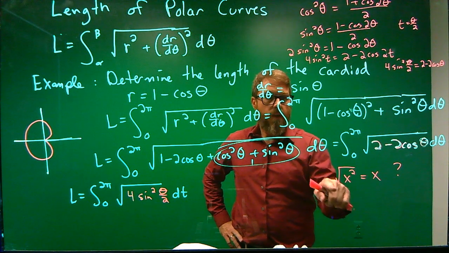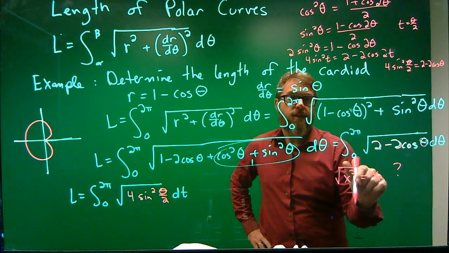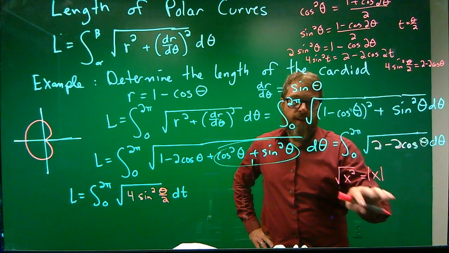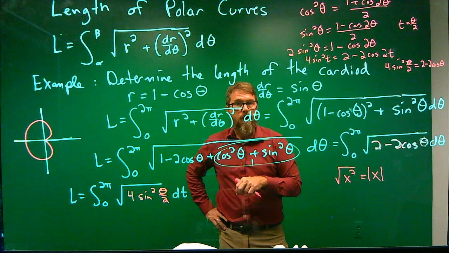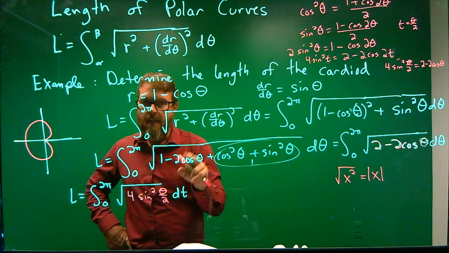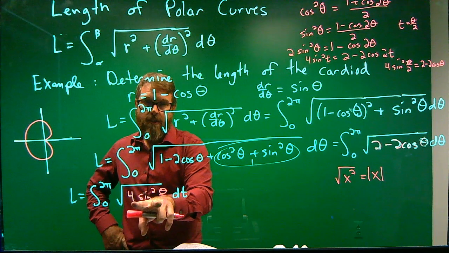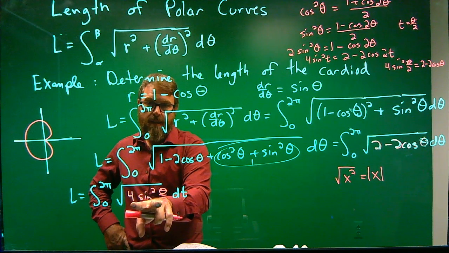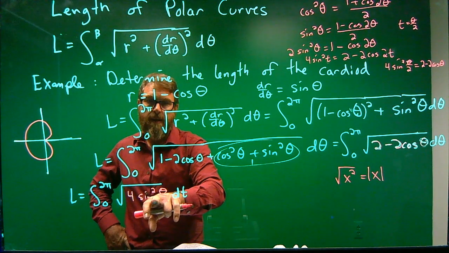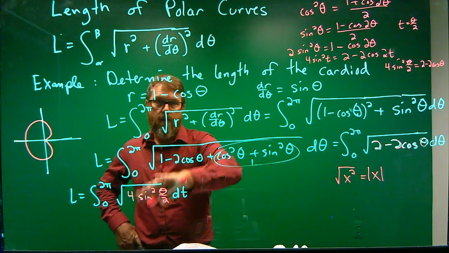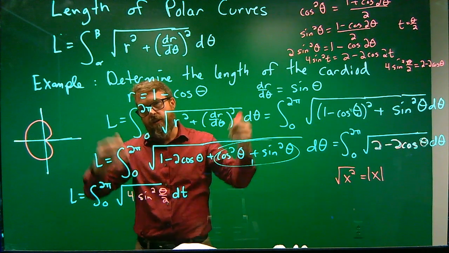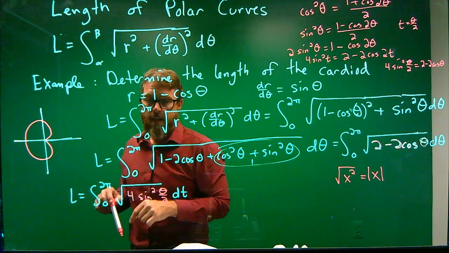So the square root of x squared is technically the absolute value of x, and the absolute value is redundant if we are talking about positive values, and that's the case here. This radicand is actually positive from 0 to 2 pi, because we're talking about a sine squared. Your sine function does bounce between positive and negative, but when you square it, it makes everything positive.